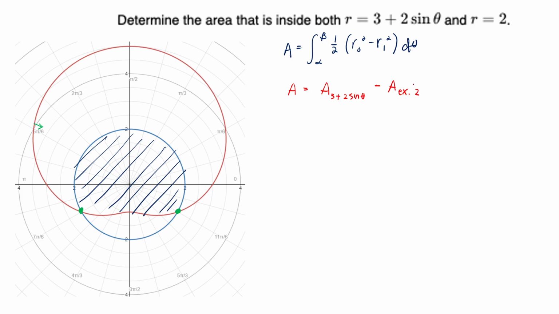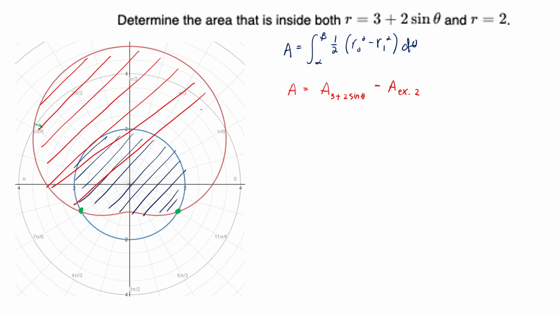What I mean is we're going to solve first for the entire area of the red graph. Then we subtract from it the area that we solved in example number 2. If we subtract that one, this will be the area coming from example number 2, right?